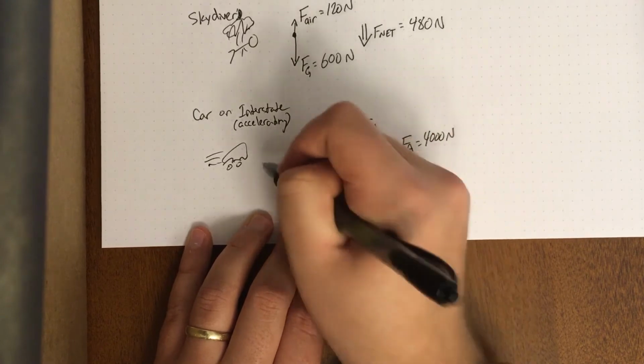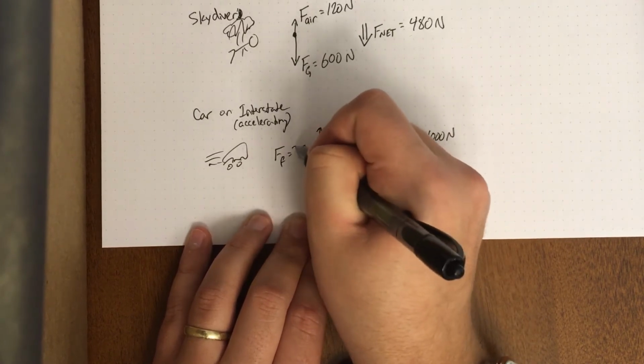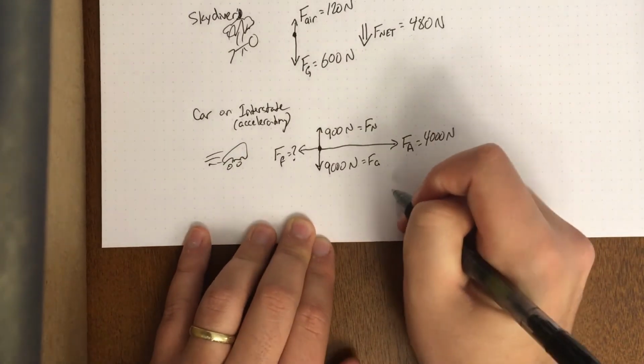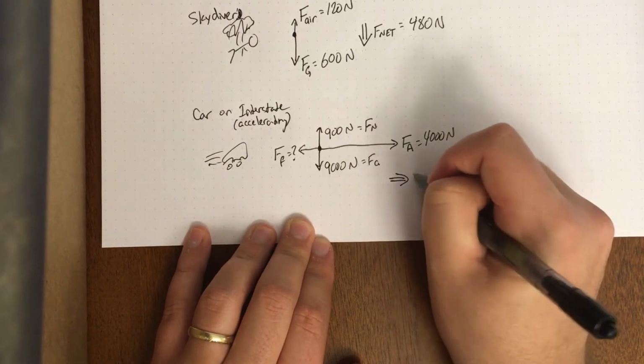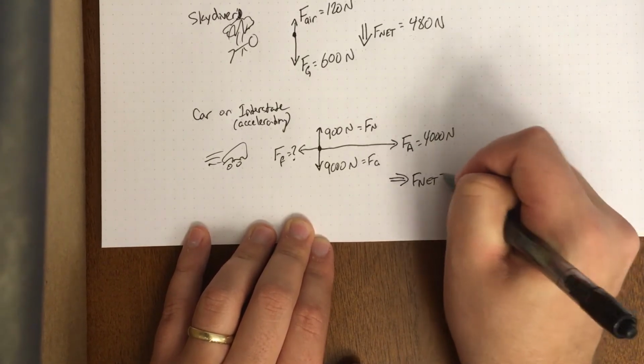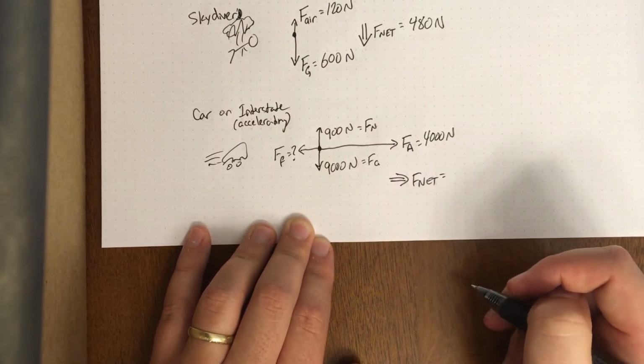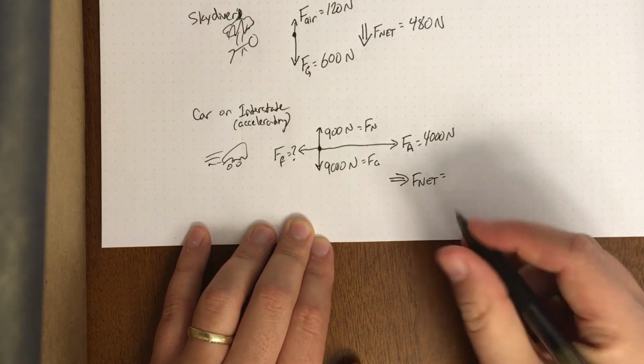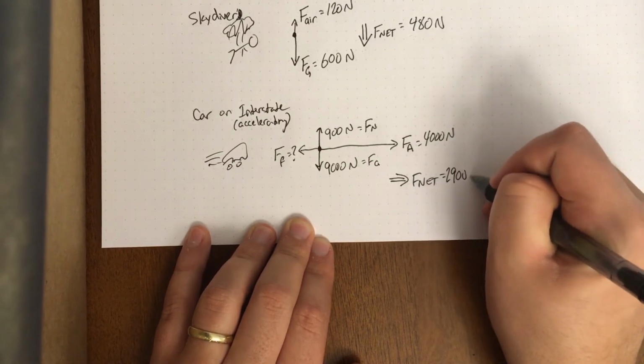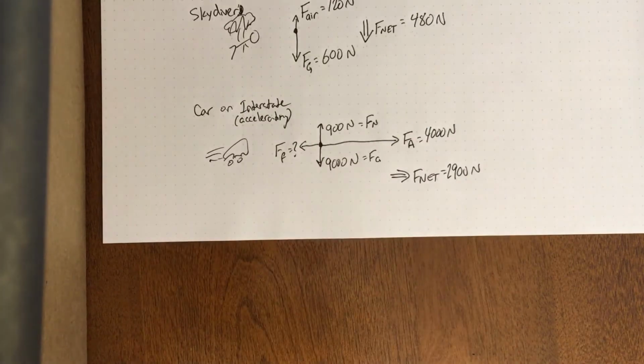And let's say that I want to know what's the force of friction. Let's say that the problem also tells you that the net force is forward with a magnitude of 2,900 newtons. So if this was your problem and you're trying to find the friction force, you're kind of doing the opposite of what we just did above.